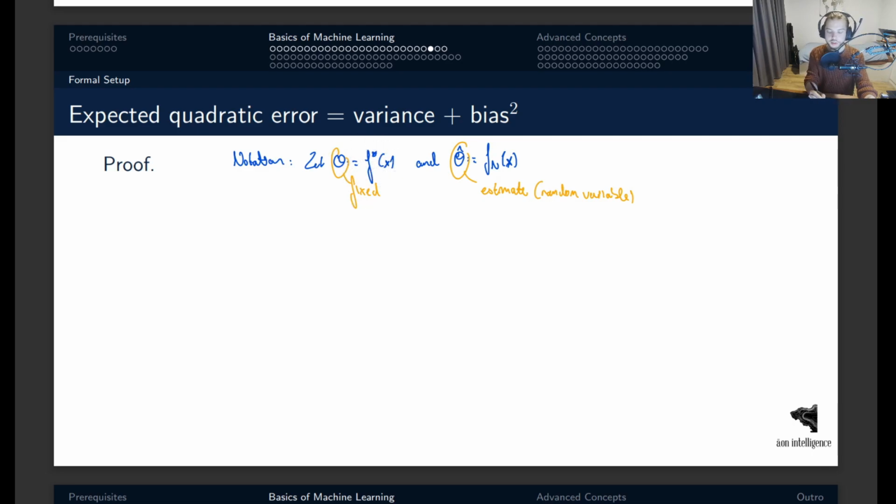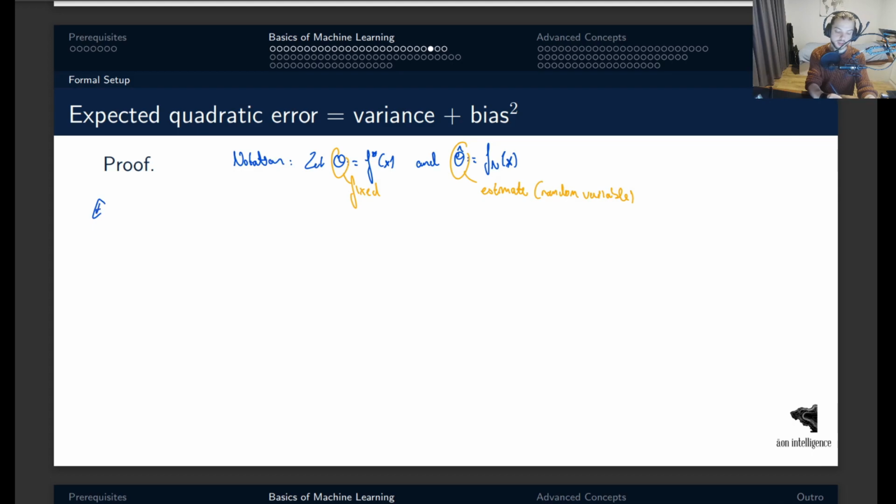I will now show that for general estimation situations where you want to estimate a fixed quantity theta by an estimate theta hat, the expected quadratic error will always decompose into a variance and a bias term.